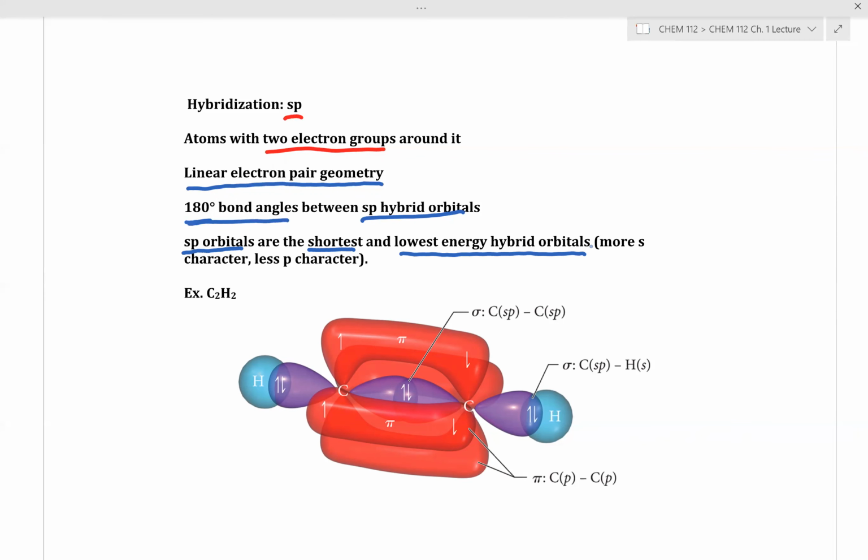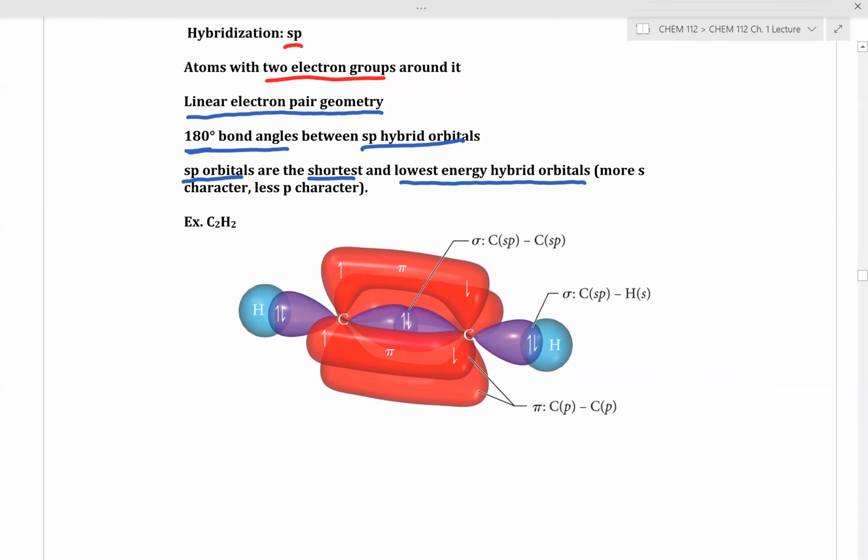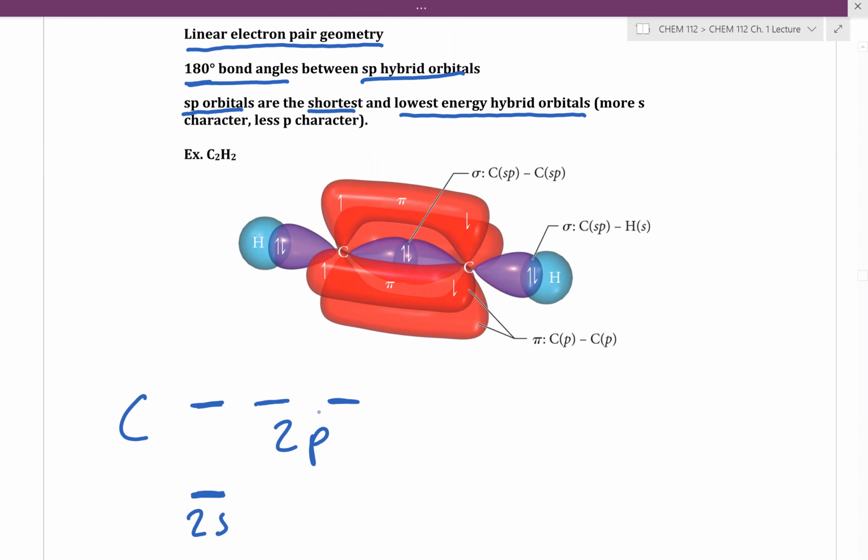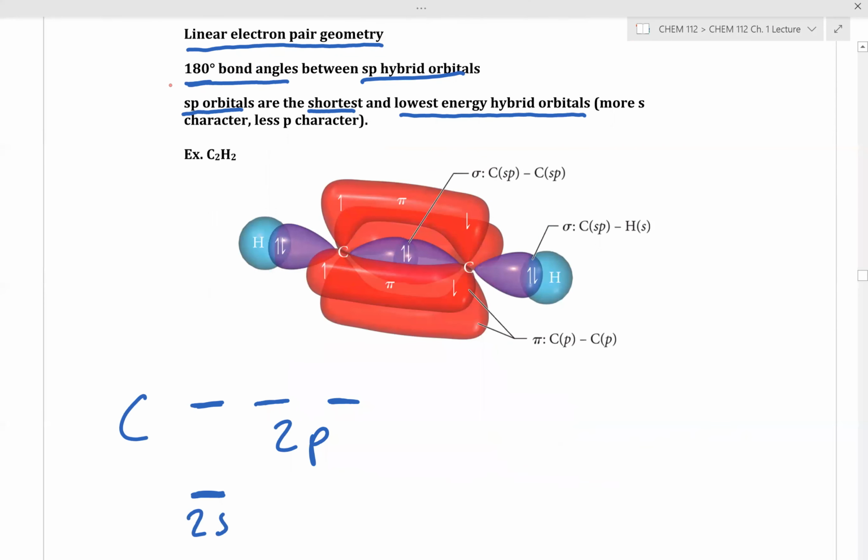So let's take a look at a picture, as this is really the meat of this discussion in this class. So looking at carbon, again, let's always start with our baseline atomic orbitals. Carbon, as we discussed, has how many valence electrons? 4. 1, 2, 3, 4. Okay.